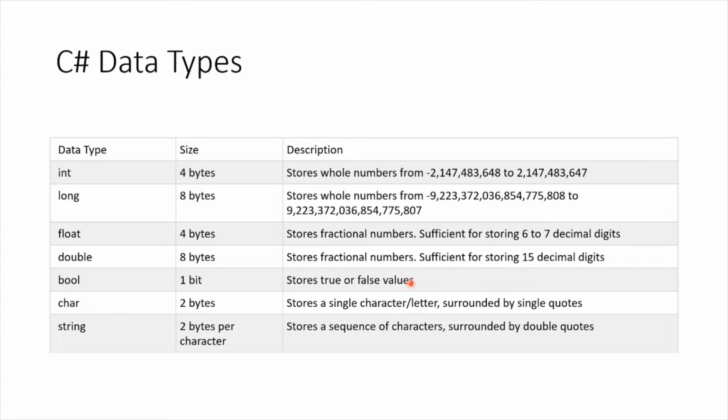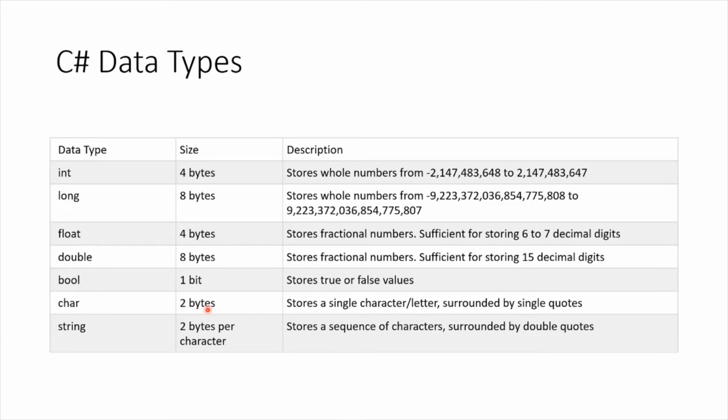So if you have a variable which is just for some conditions, let's say is it day or is it night, is it raining, just questions which end with yes or no, you can store them in bool, which is 1 bit only and stores true or false.